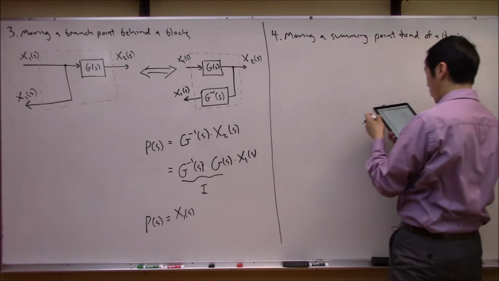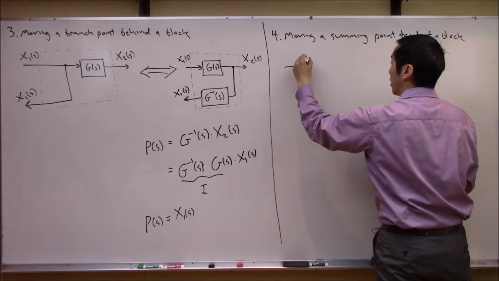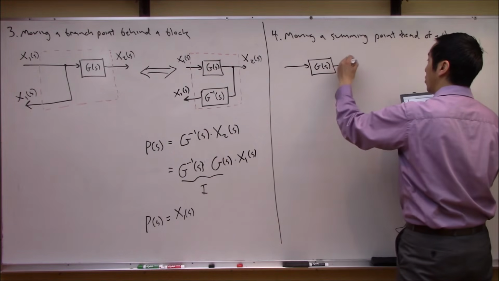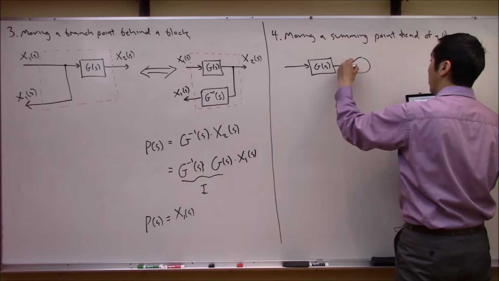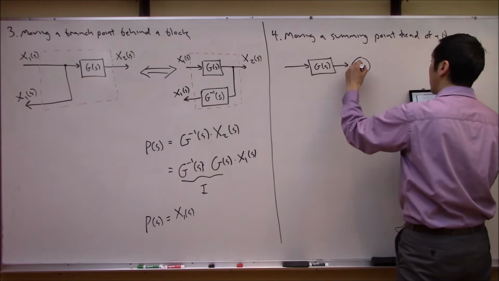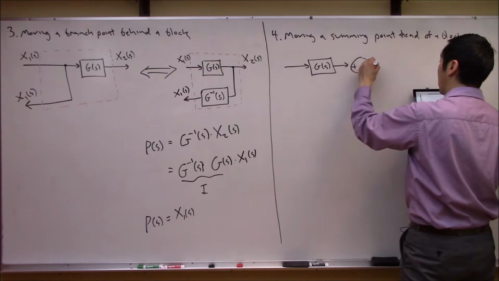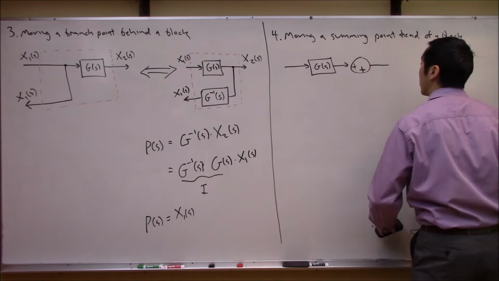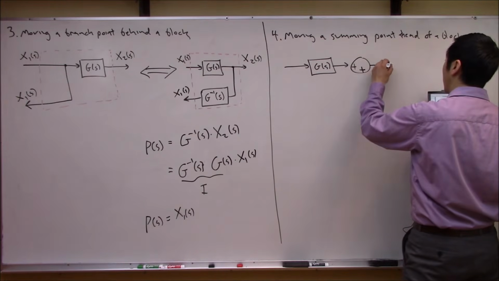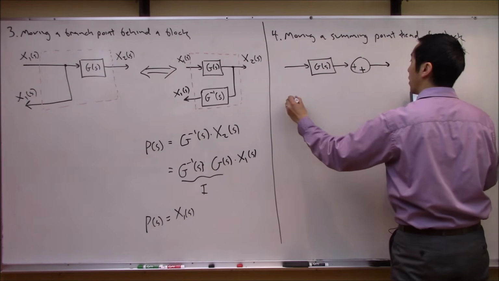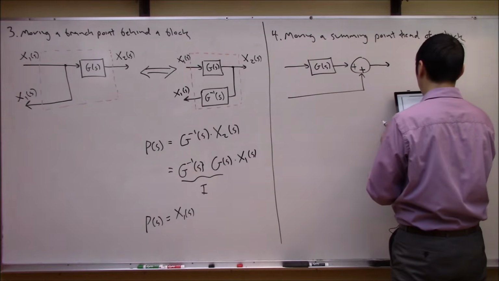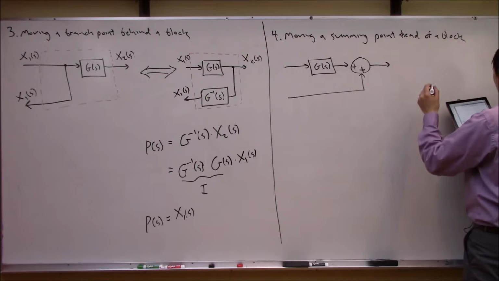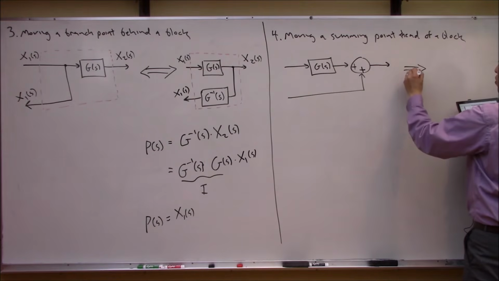In other words, in the original block diagram, you have g of s going into a summing block. Let's just make them both pluses for now. So here's the original block, and now what I would like to do is make its equivalent block.